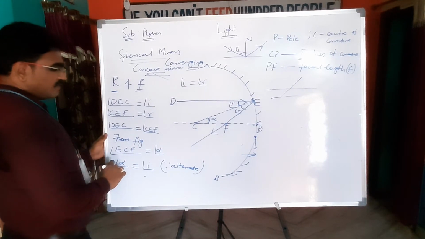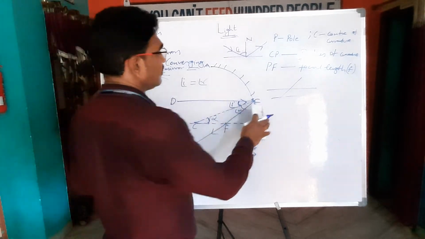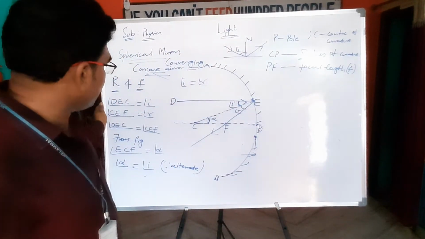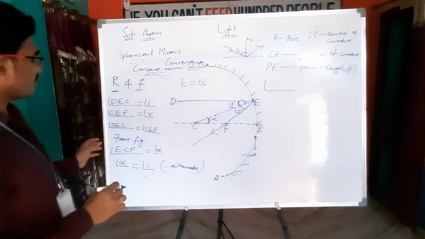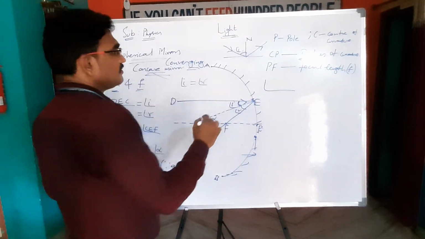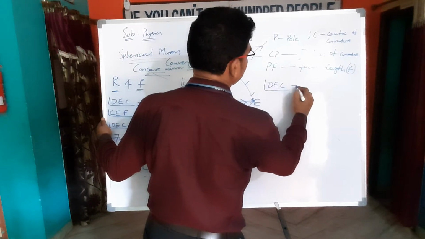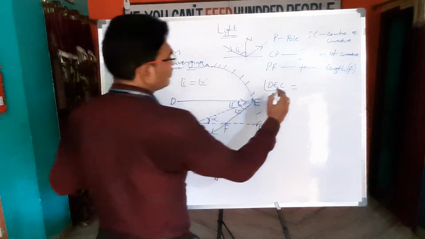When alpha is equal to I, then what can I write here? Angle DAC is equal to angle ECF.